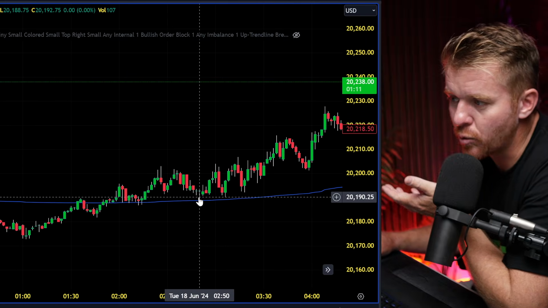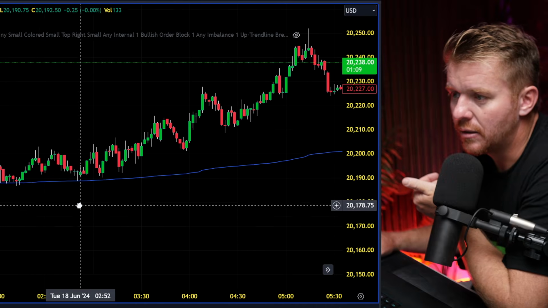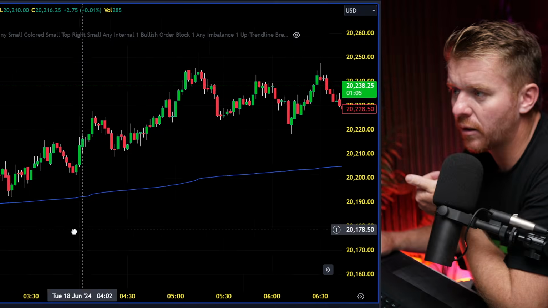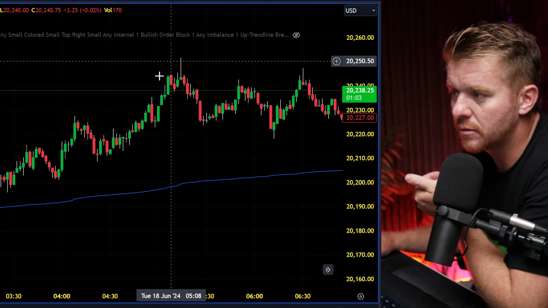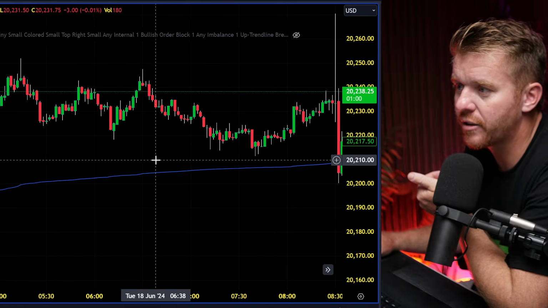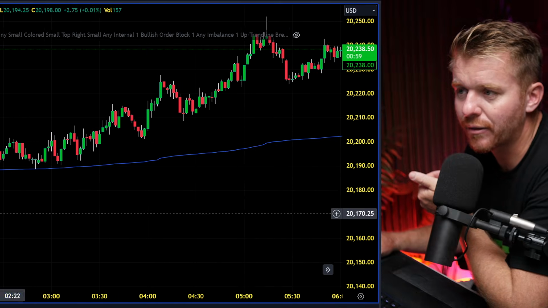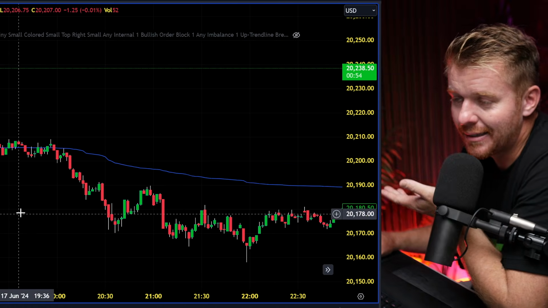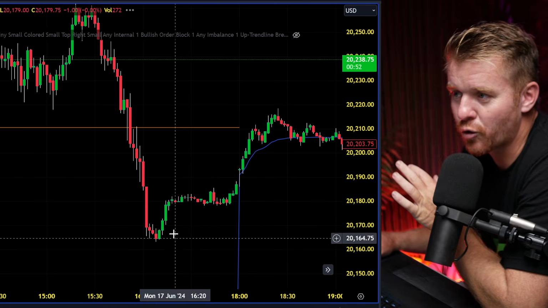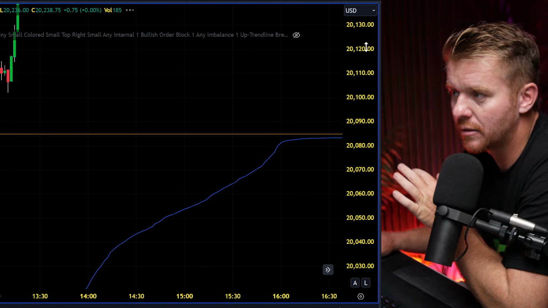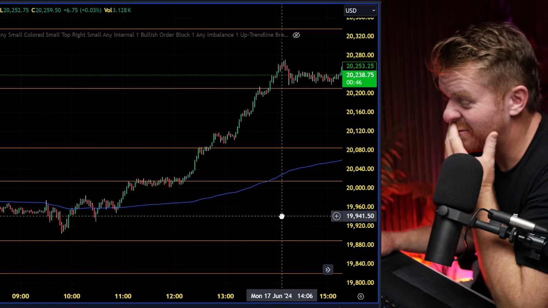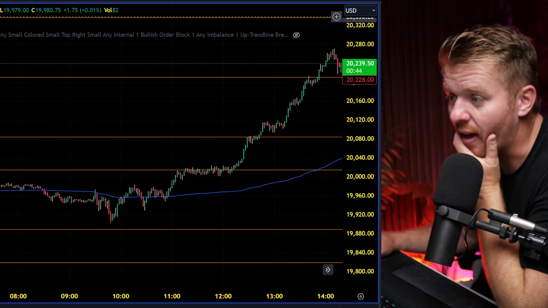This is like Tuesday night, 3 o'clock. We basically consolidated here at the VWAP for like an hour, and then we made that move up. And then guess what? We kind of consolidated and we made the move back to the VWAP. I'm not going to tell you that you should trade the VWAP religiously, but this is on Monday.